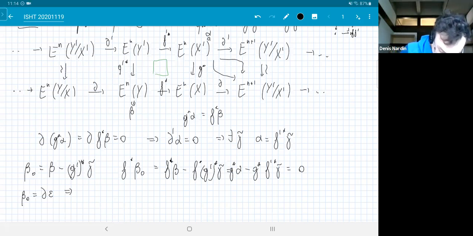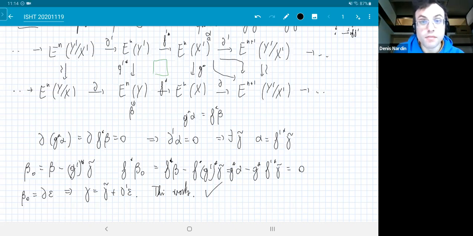And so you can take gamma to be gamma tilde plus delta prime epsilon, and this works. You can check it has all the properties that you want. This is just standard diagram chasing. You've probably seen it a billion times, but I like to be explicit from time to time.